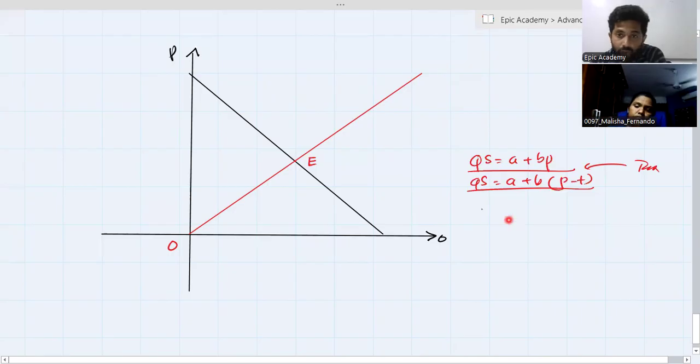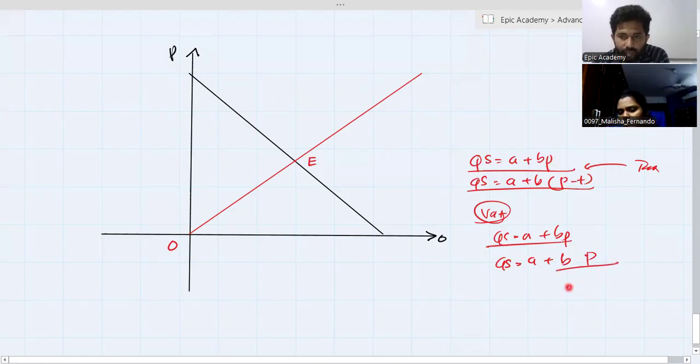But in value added tax, the calculation is different. QS equals A plus BP. This is the supply equation. QS equals A plus BP, divided by T plus 1.